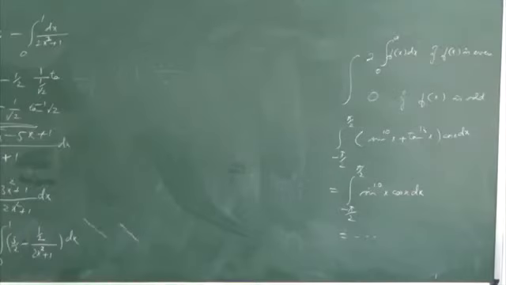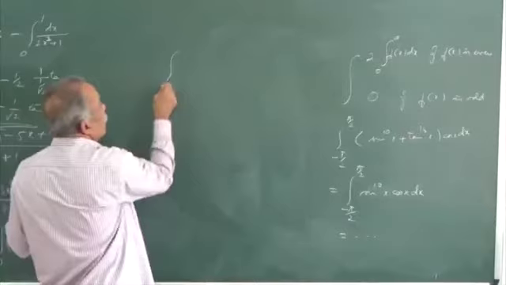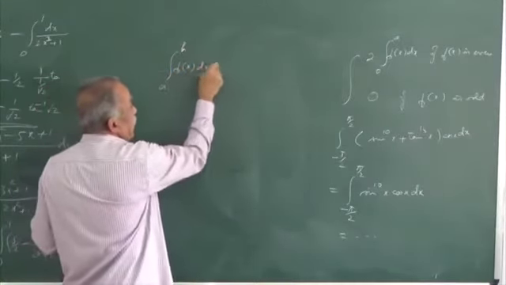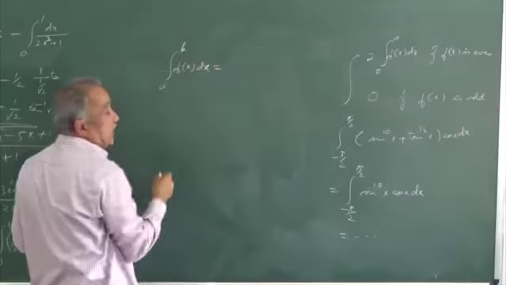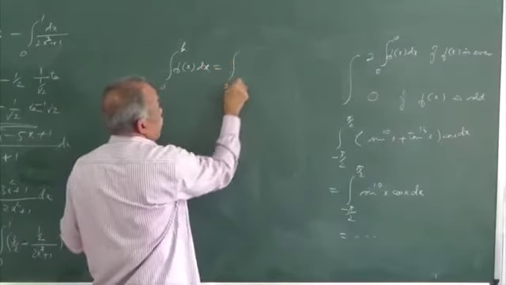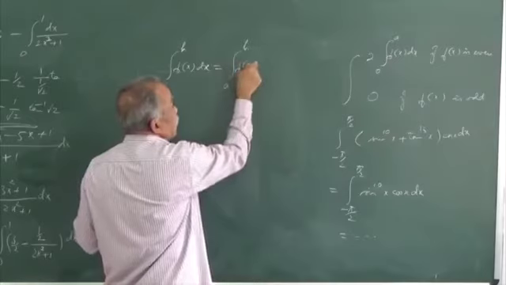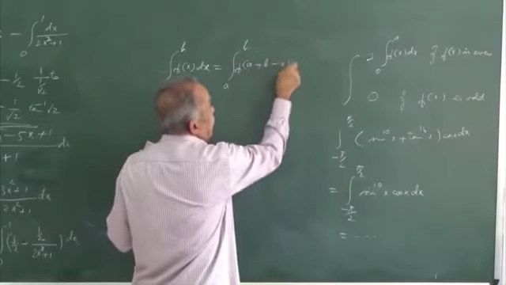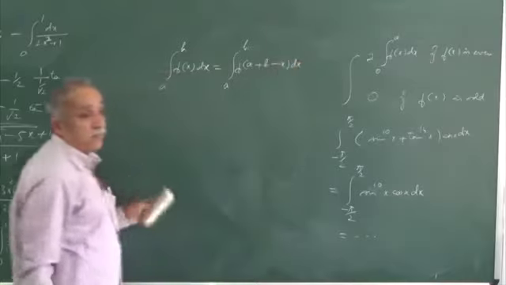Next property, another highly useful property. For any function f of x and any two numbers a and b chosen as limits, integral a to b f of x dx is also equal to integral a to b f of a plus b minus x dx.